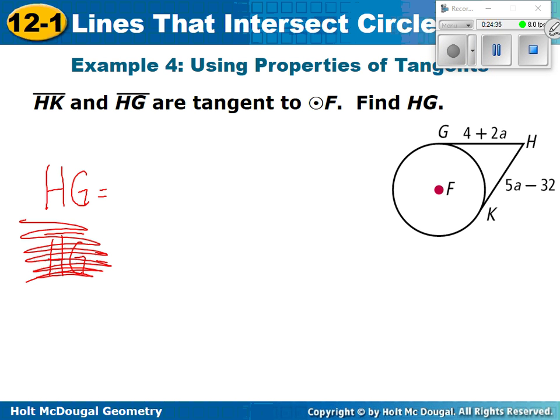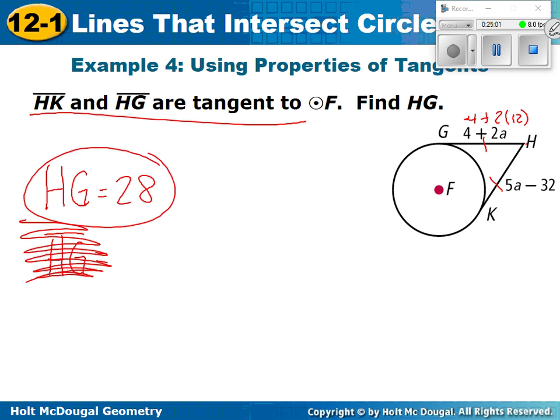Okay, what did you do with those 2 expressions? Set them equal because they are 2 tangents. They tell you that. They came from the same exterior point. So set them equal. What did you get for A? 12, and then you plugged it back in to find HG. So you did 2 times 12 plus 4, and you got 28.